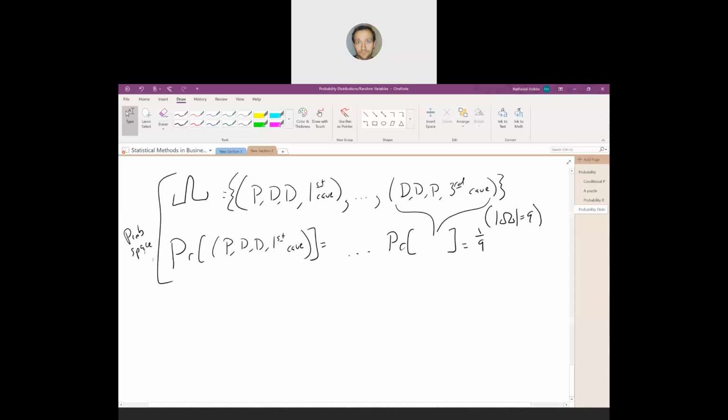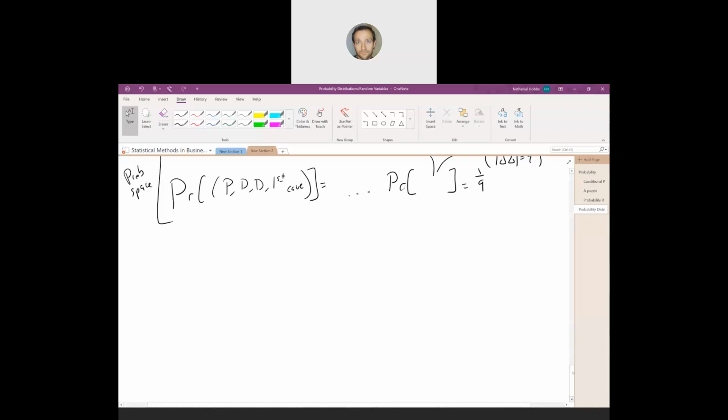Let's see. So there's 9 events here. Let's go ahead and write them out, actually. I'll give you the first one, and then after that you can just tell me what to write. So we have the princess is actually in the first cave, and the knight chooses correctly. What's another event that could happen? The same order, but he chooses the second cave.